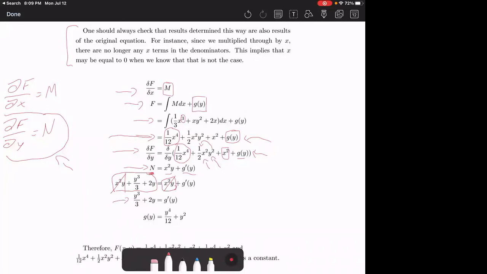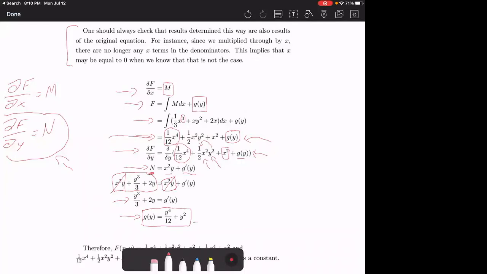Well, we want to know what g is, not g prime, so we need to integrate both sides of this equation. And luckily for us, this is not a very difficult integration. We just use our power rule twice. And we get the g of y is equal to y to the 4 over 12 plus y squared.